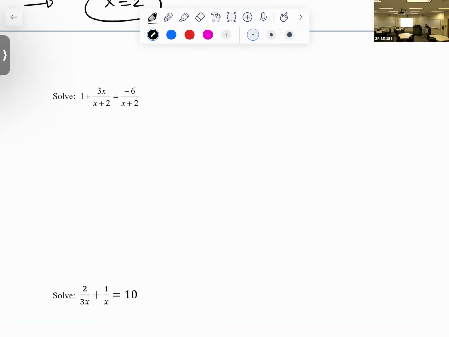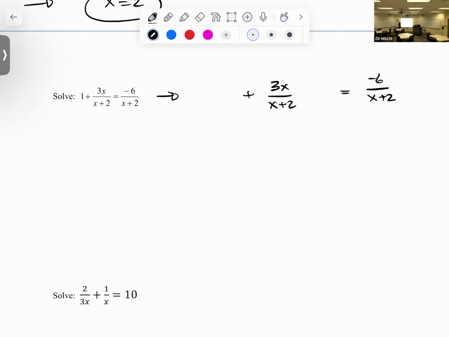But we're not always going to have numbers as our common denominator. So we have to create common denominators with polynomials. What is the common denominator for this equation? x plus 2, all right?